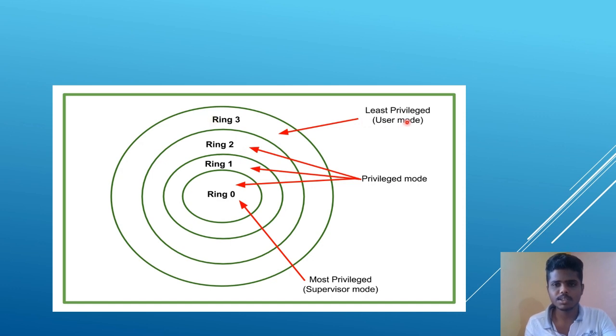Ring 3 is the least privileged because it is user mode, and ring 3 is also called the user application. So ring 1 and ring 2 are operating system services, and ring 0 is the operating system kernel, which is in the most privileged mode.